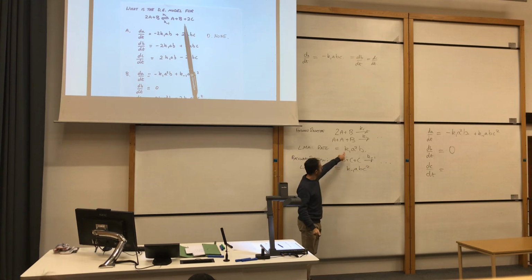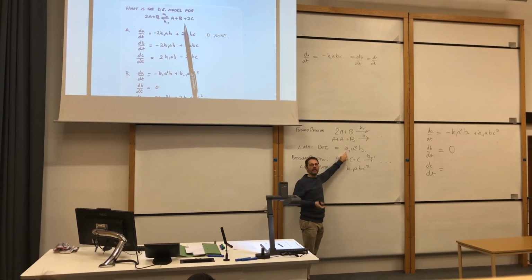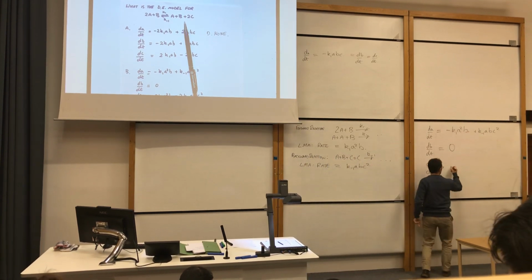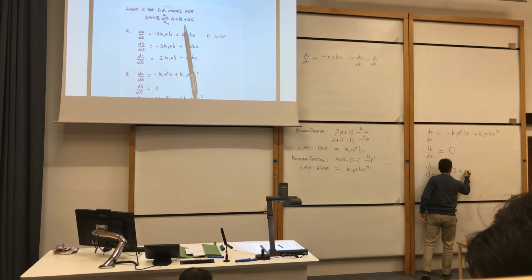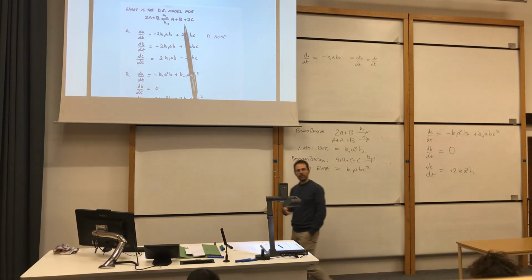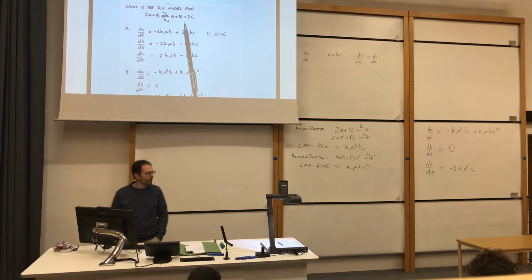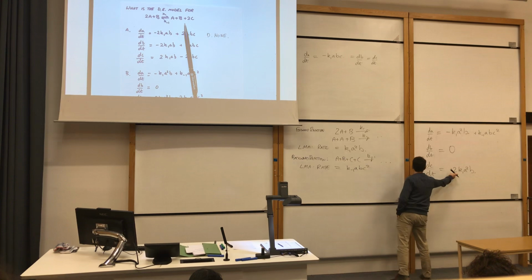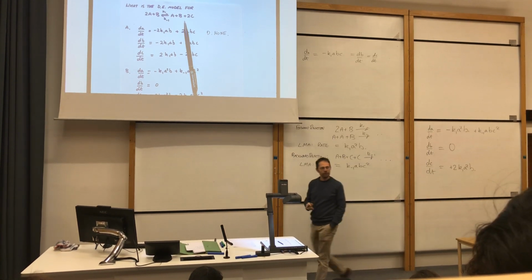The rate of the forward reaction is K1A squared B, but because we have a net change of plus 2 molecules of C, that's going to give me a plus 2 K1A squared B. We have to account for the fact that we've got a net change of plus 2 by adding that 2 in front of my rate of reaction.